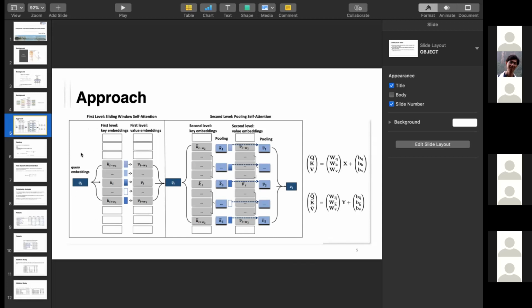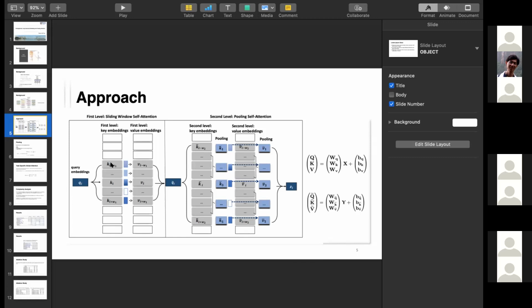As you can see in this graph, Qi stands for the Q vector generated by the ith token of the input sentence, and Q, K and V are the matrices that are the linear projection of the original embedding.